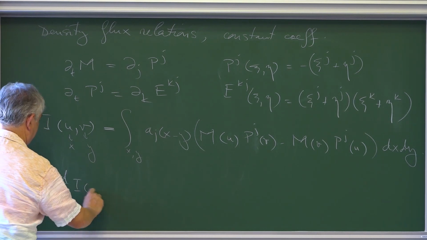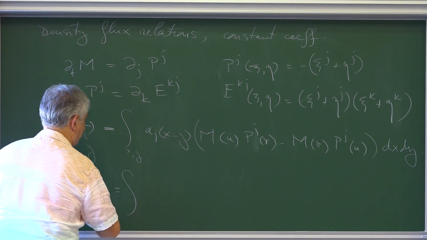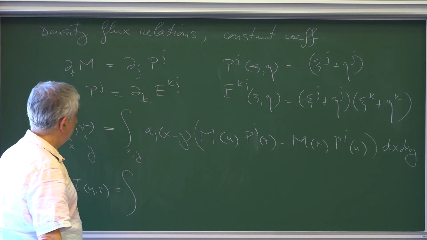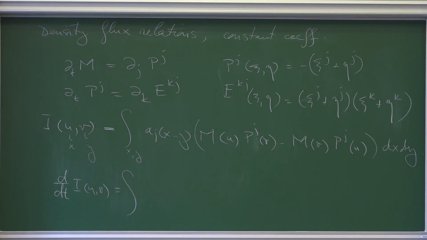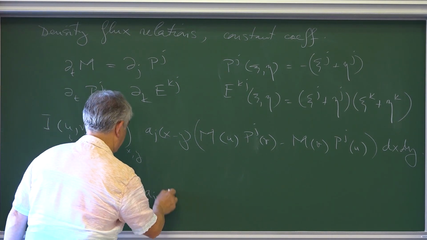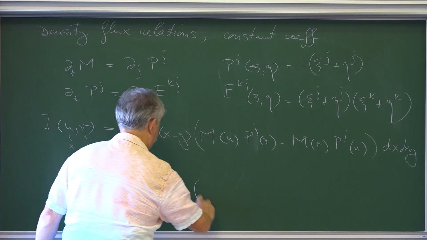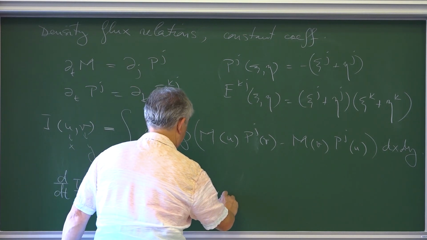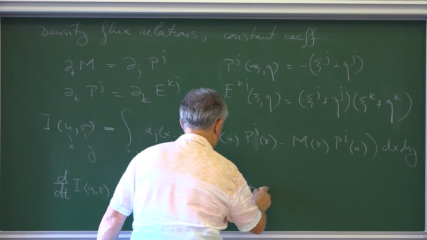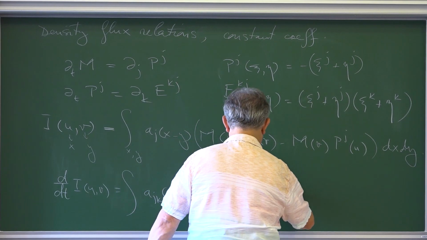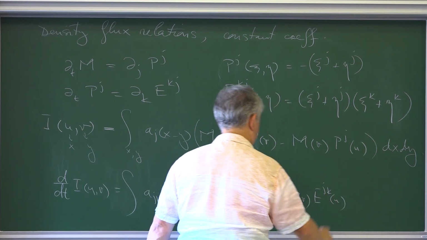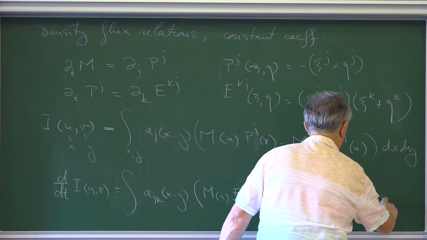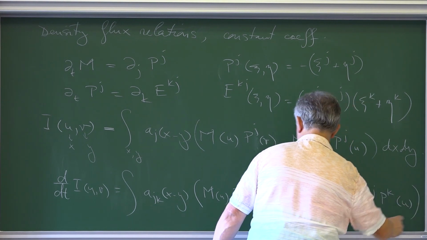The derivative of I of u and v is the integral, and now I end up differentiating this aj, but with respect to another of the variables. Let's call that ajk of x minus y. And here I'm going to have something like m of u ejk of v plus m of v ejk of u minus 2 times pj pk of u.